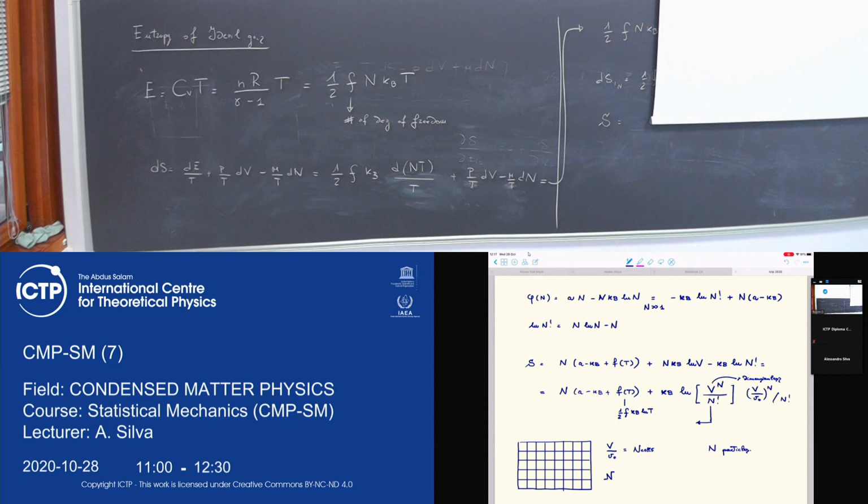Now, why is this idea important? Because if I have a system, and I know that in order to place my particles in this volume, I have a certain number of configurations, V to the n divided by n factorial.